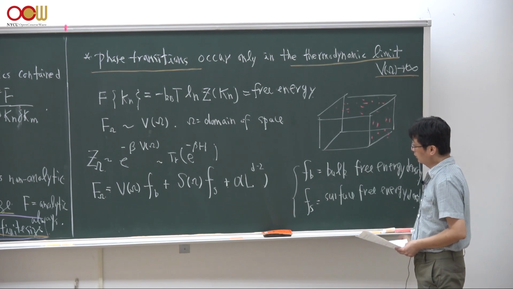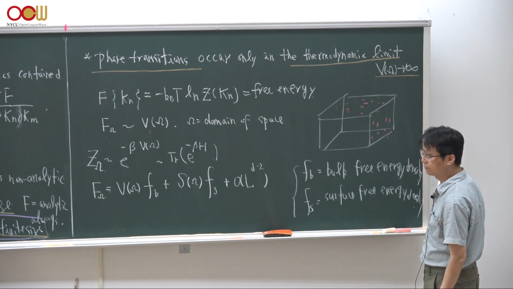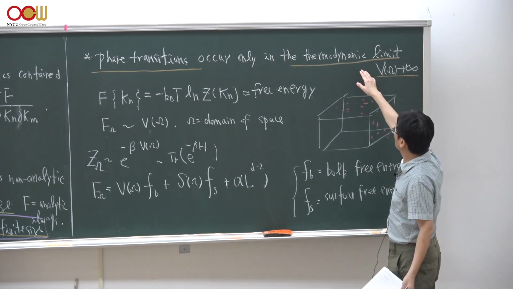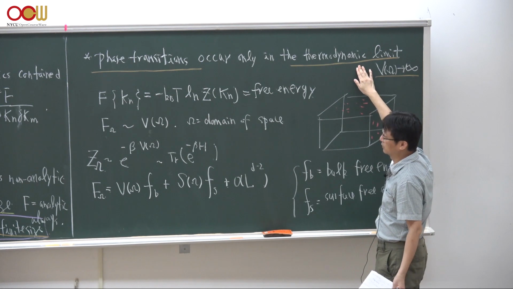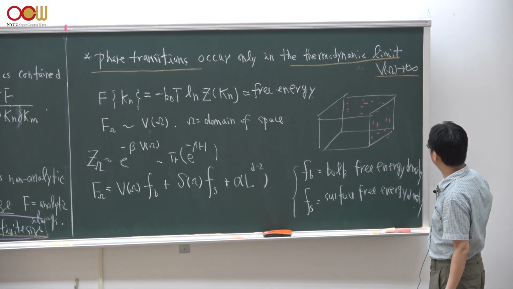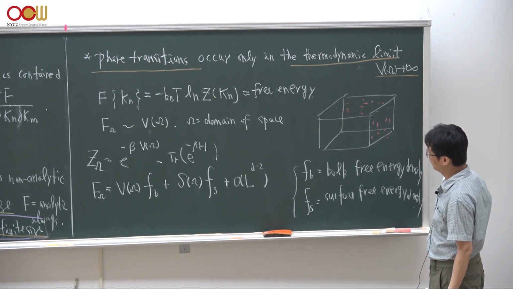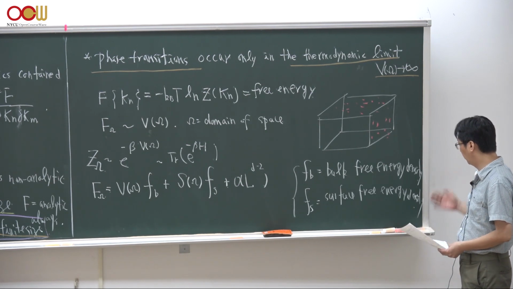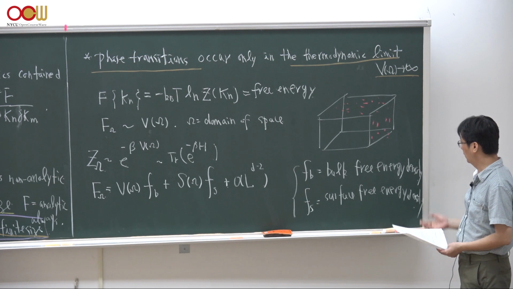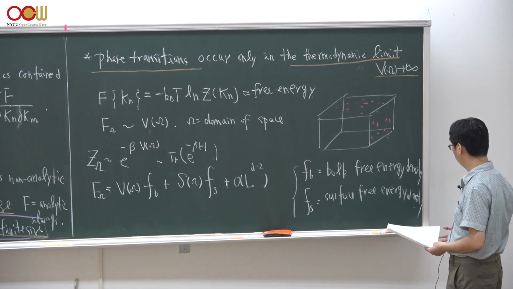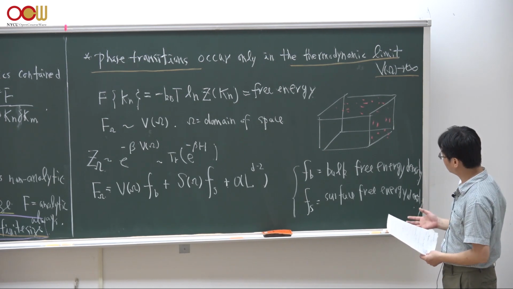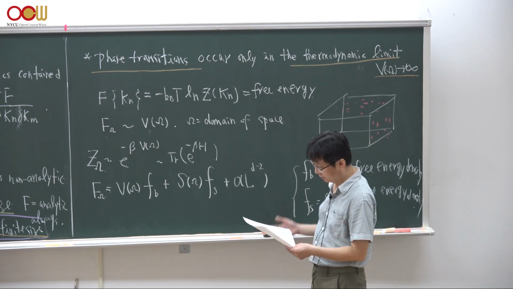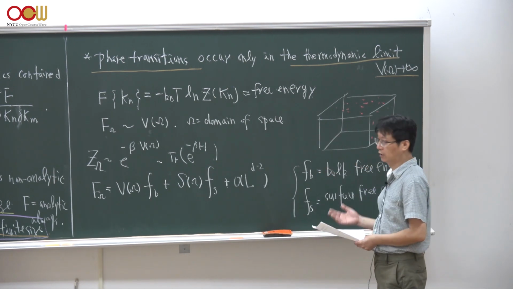The reason why we should define little f_b and little f_s is that we should define what I mean by thermodynamic limit. In other words, when the volume of the system goes to infinity, we should have a well-defined bulk free energy density and a well-defined surface free energy density. In that case, we could say that the phase transitions could be observed in such a limit.